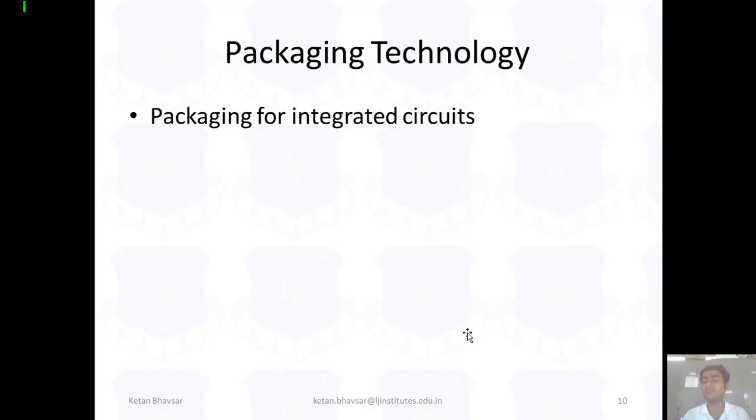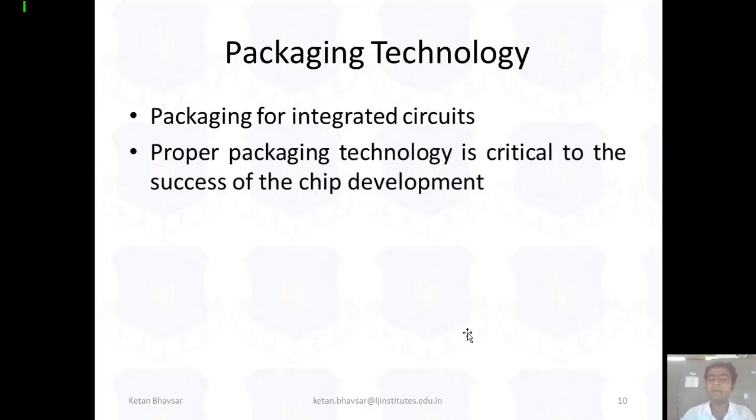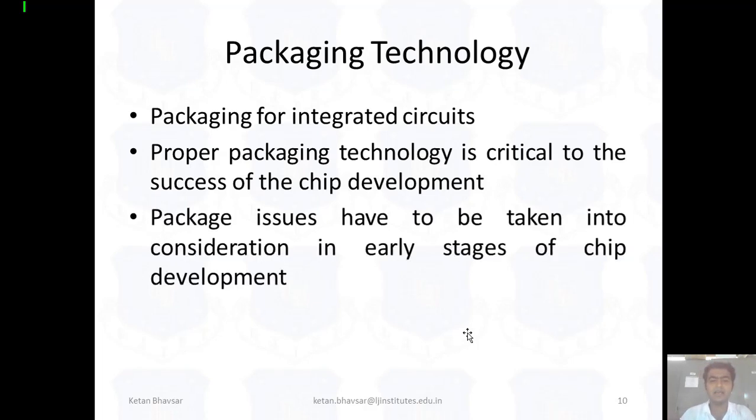These all have different packaging technologies, and we use them as per the requirement and the application. Proper packaging technology is critical to the success of the chip development. Package issues have to be taken into consideration in the early stage of chip development.